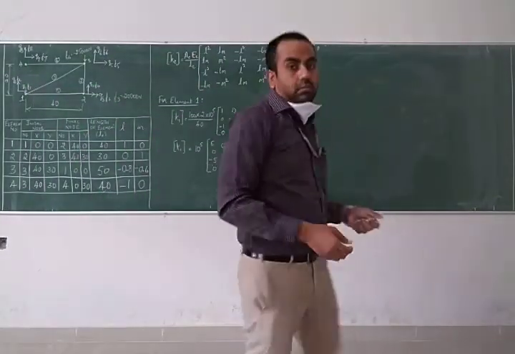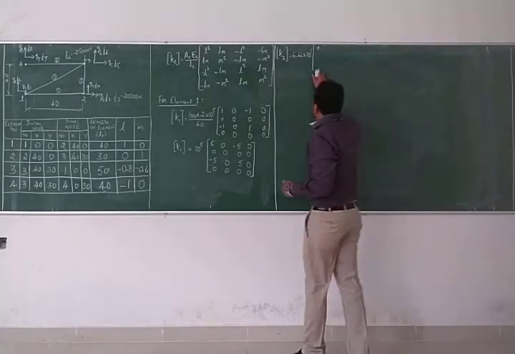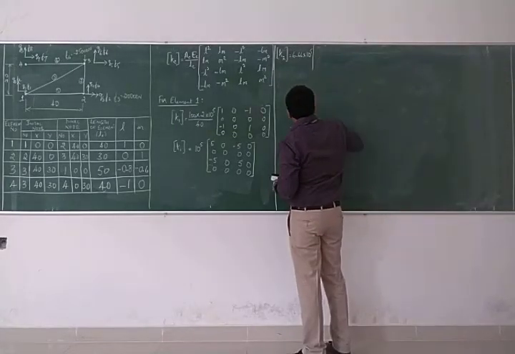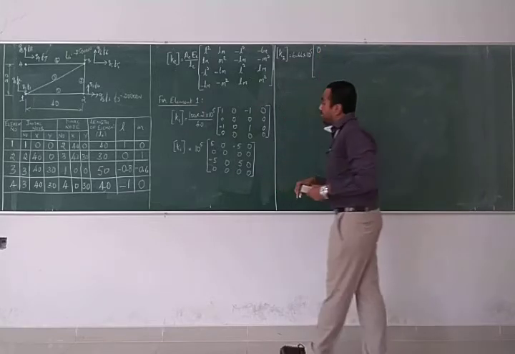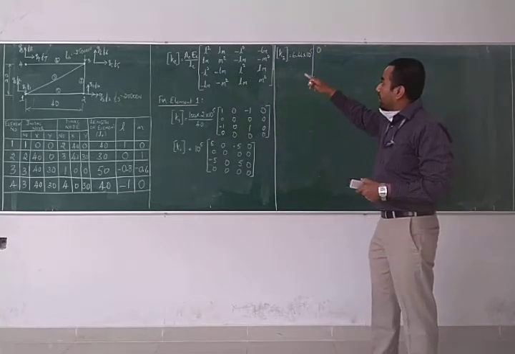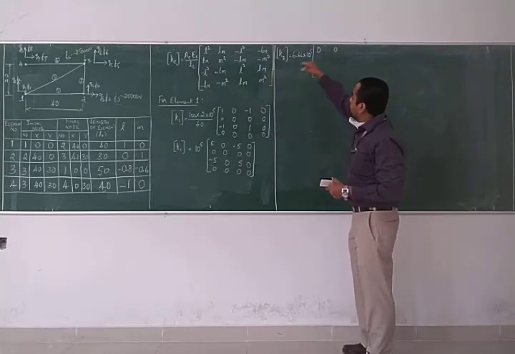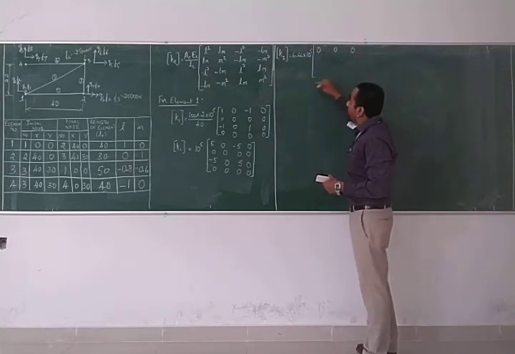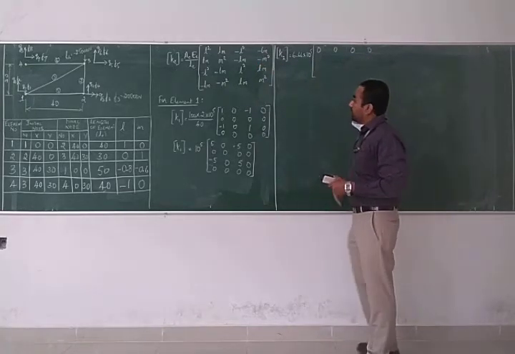Write it a little bigger. This is 0. M square, Lm is 0. Minus L square is 0. And minus Lm is 0.